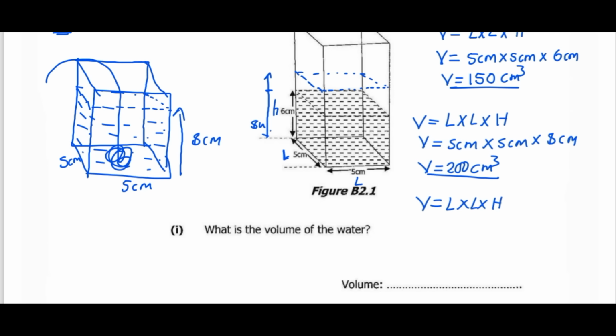So this means that the height by which the water rose when the stone was immersed was just 2 centimeters. We know that the base is not changing. 5 times 5 times 2. 5 times 5, 25 times 2 is 50. So this is also how we can find the volume of the stone if we are given an illustration like this one.